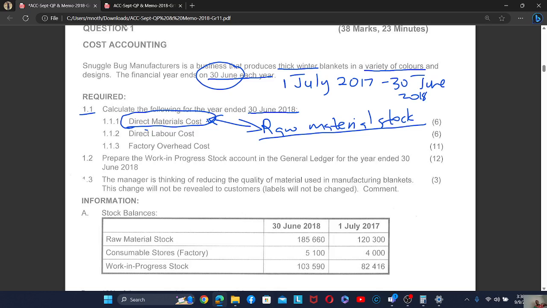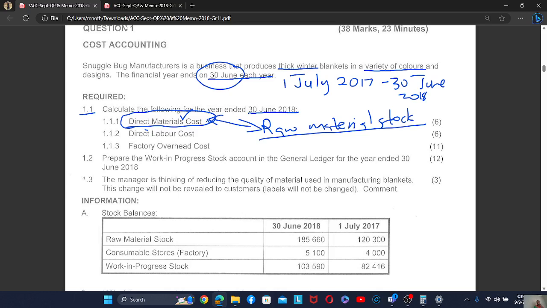When it is transferred to the factory, an expense called the direct material cost is created, because the direct material cost is an expense. So the direct material cost is the raw material that is being used in the factory at that time. Do you get me? Yes. Raw material stock is stored, and once it's used in the factory, it becomes direct material cost as an expense.